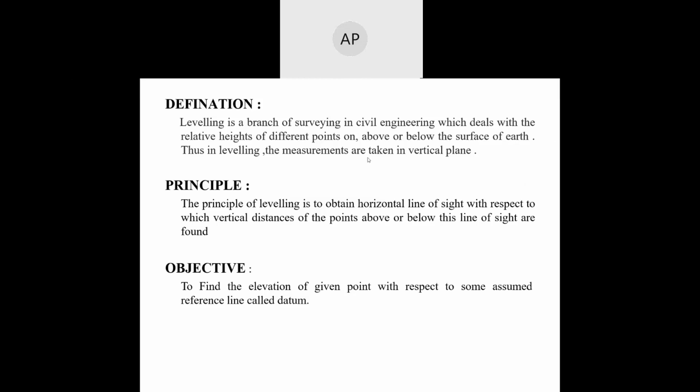What is the principle? The principle of leveling is to obtain a horizontal line of sight with respect to which vertical distances of points above or below this line of sight are found.